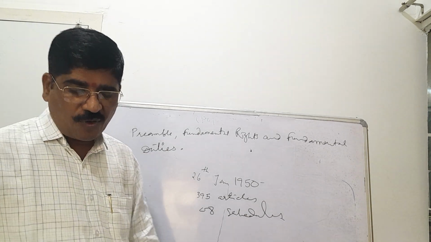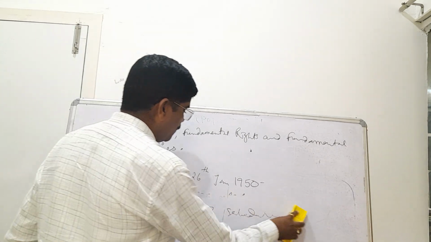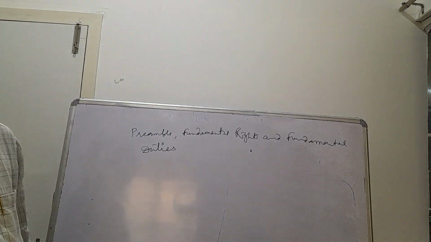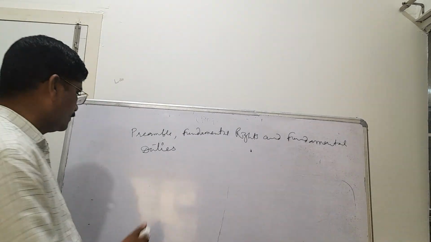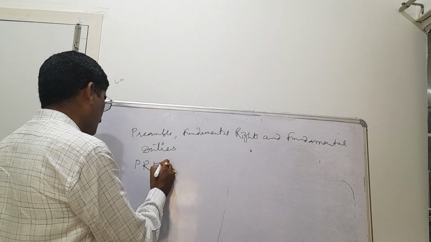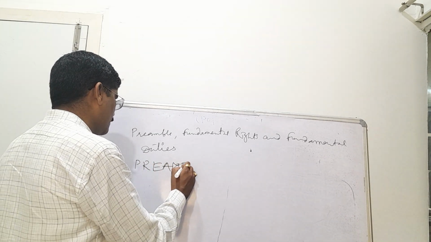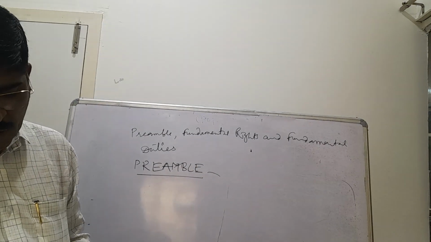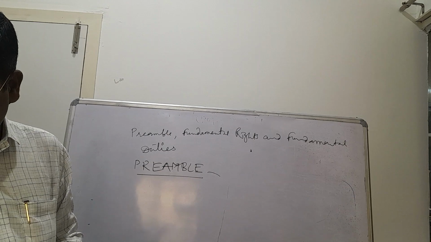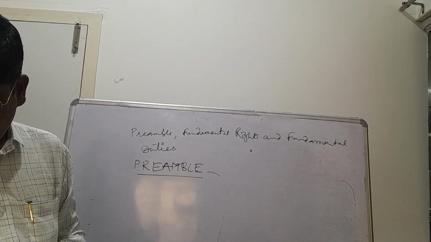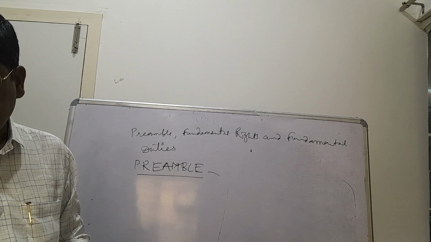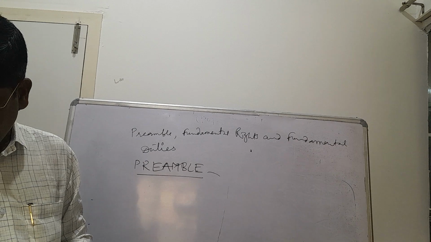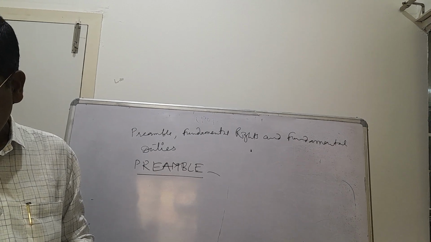We have the information in the initial part of this prose about the preamble. Preamble: We, the people of India, having solemnly resolved to constitute India into a sovereign, socialist, secular, democratic republic and to secure to all its citizens.